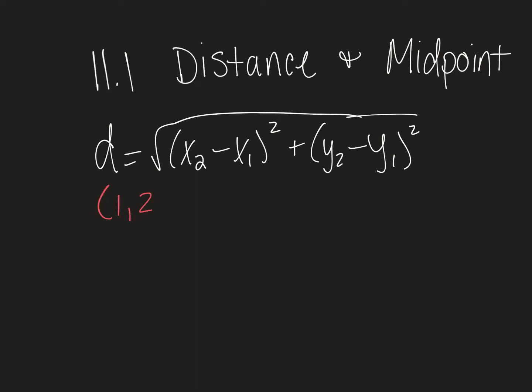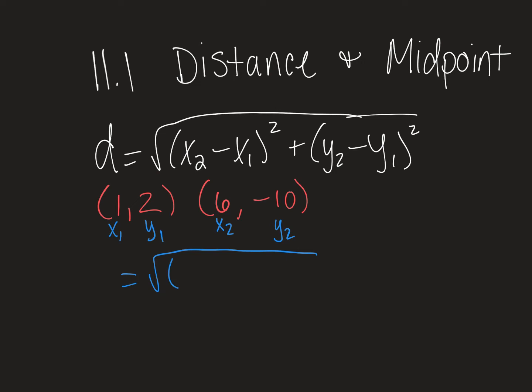So let's say we're given the points (1, 2) and (6, -10). So like you would have x1, y1, x2, y2.